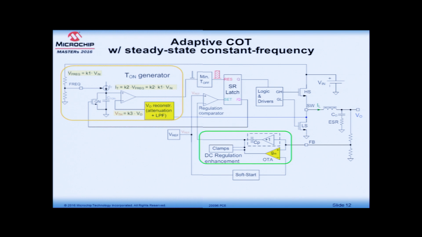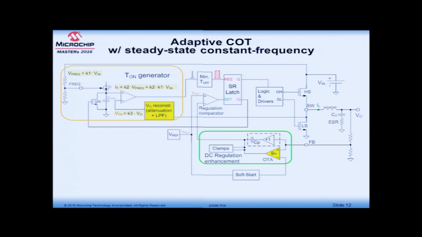The architecture is the same as the COT architecture, but we made a few modifications to the T-on generator block, and also added something called DC regulation enhancement. Those are the issues we were discussing in the previous slide. We modified these two blocks to solve those two issues.